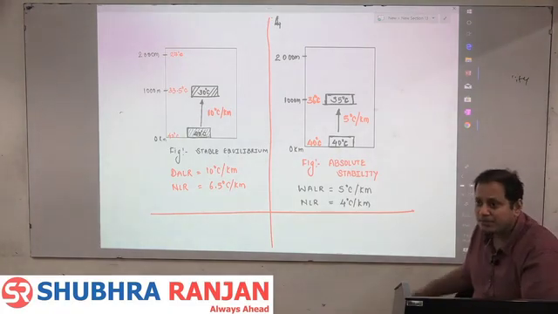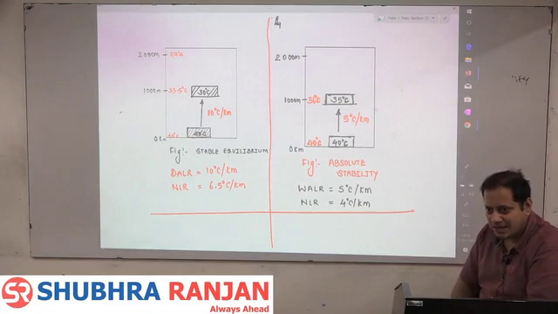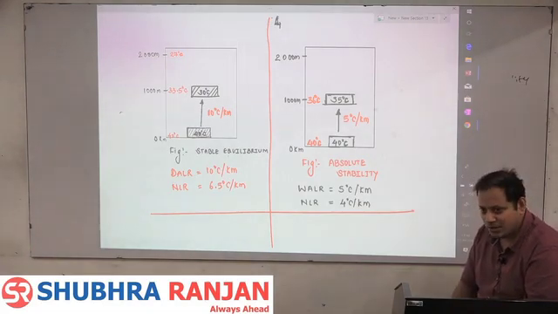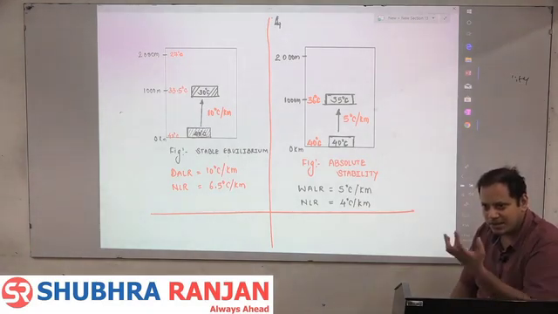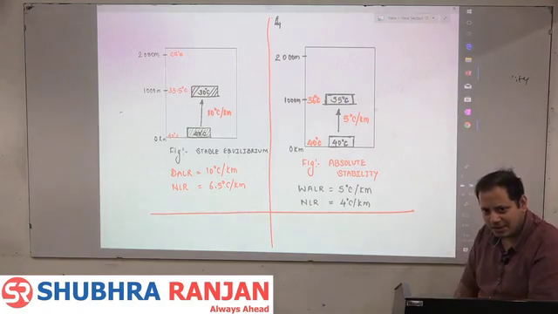Wet adiabatic lapse rate, moist air. Dry adiabatic lapse rate, dry air. Moist air will always cool at a slower pace because it has the capacity or tendency to retain heat.